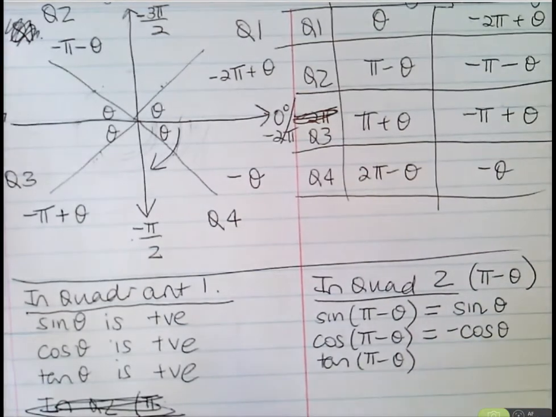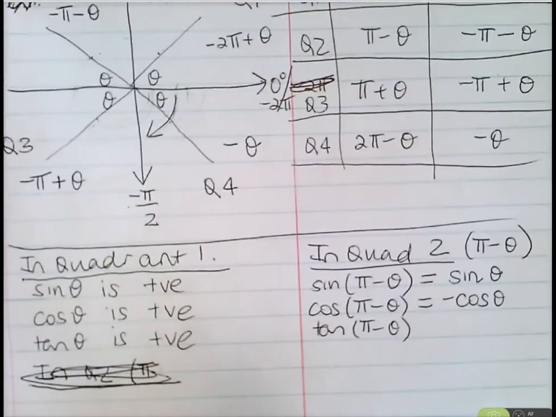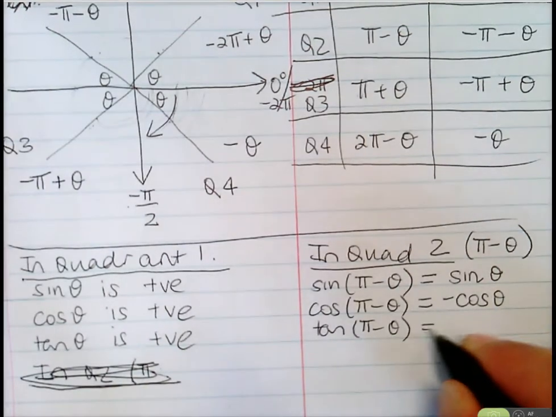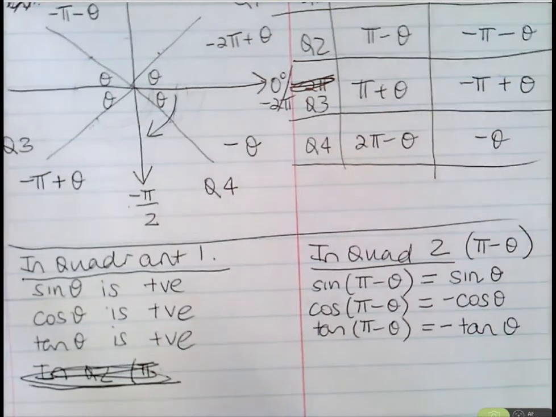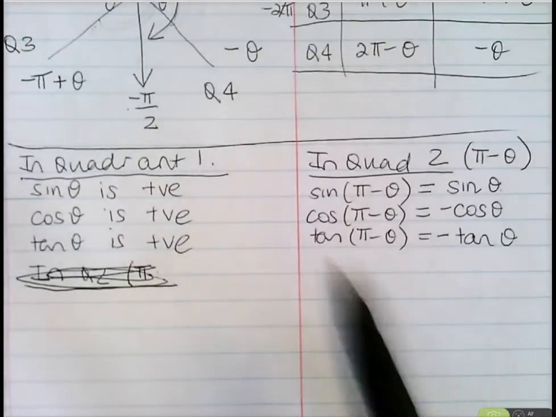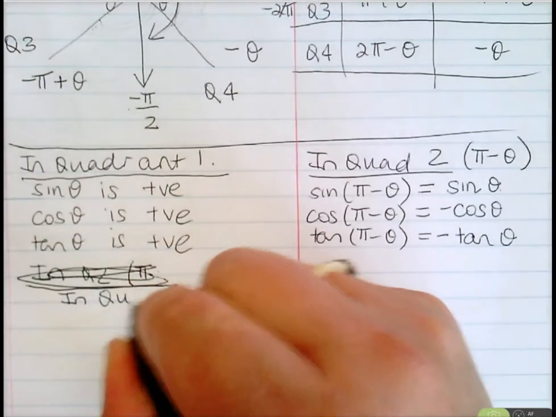Do you remember, once you get anything over 90 degrees, you can write it as an acute angle. Tan of pi minus theta, in quadrant 2, is minus tan theta. Because all stations to central, only sine is positive in quadrant 2. We're just learning to write them instead of 180 minus, we're writing them with the pi's.